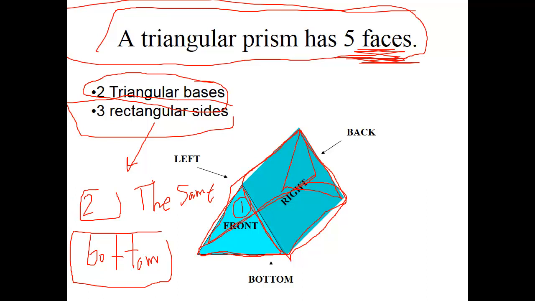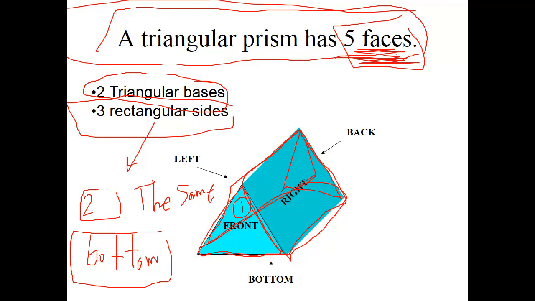So again, we have 5 faces in a triangular prism: 2 triangular bases and 3 rectangular sides.